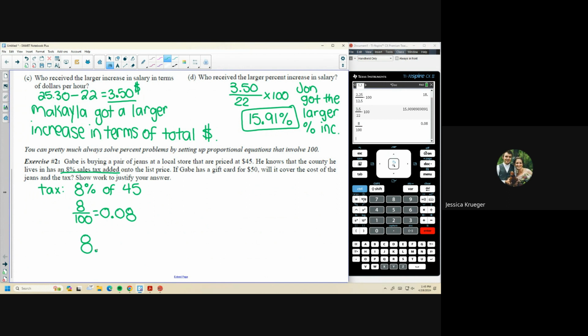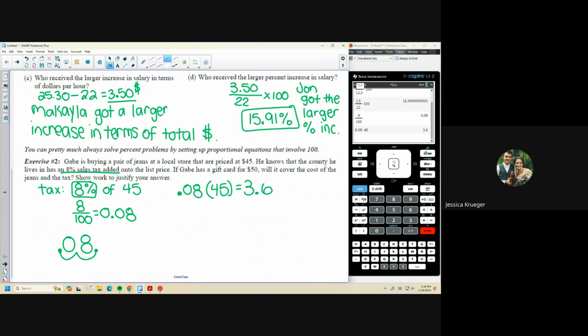If you have a percent and you want to turn it into a number that you can do calculations with, you move the decimal back 2 places and put a 0 in any empty spots. So if I want to know how much the tax is, I'm going to take 8%. Well, 8% as a number is 0.08 times 45. 0.08 times 45 is 3.6.